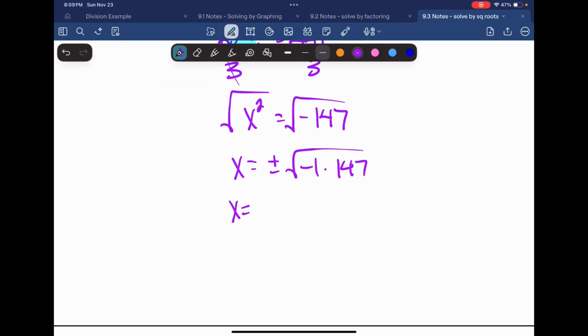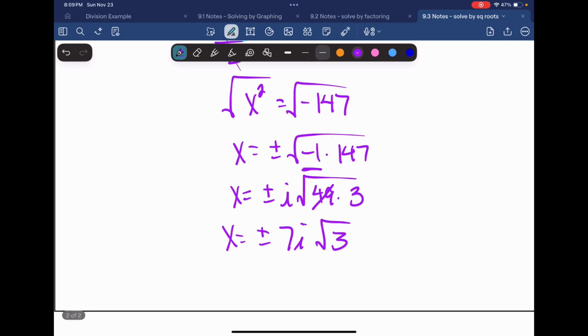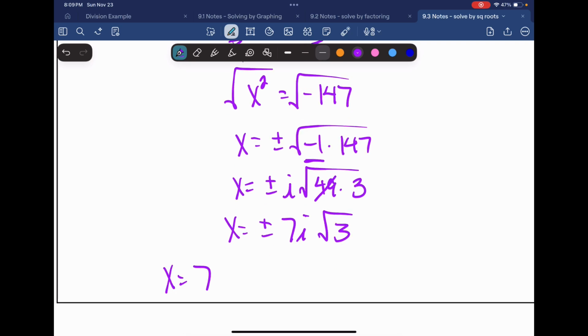I'm going to go ahead and take the square root of the negative 1, and that's i. And then find the largest square that divides evenly into 147. Ah, 49. Not expected that. It's 49 and 3. The square root of 49 is 7. And then the 3 is going to stay underneath. Two solutions are 7i root 3, or negative 7i root 3.